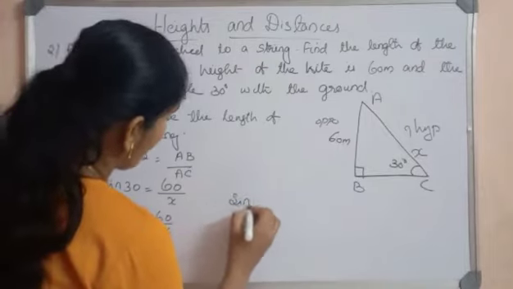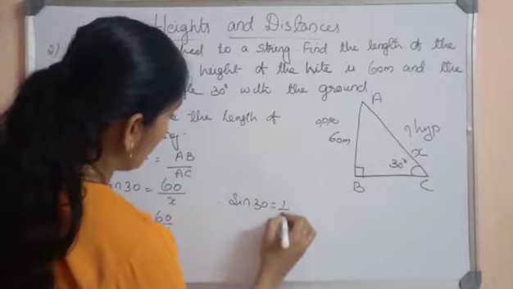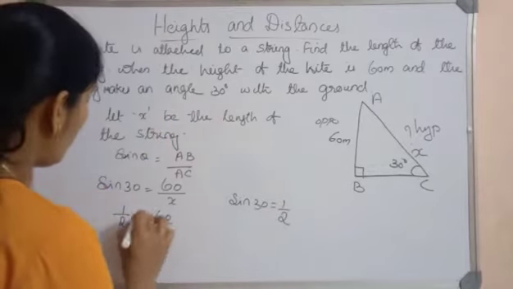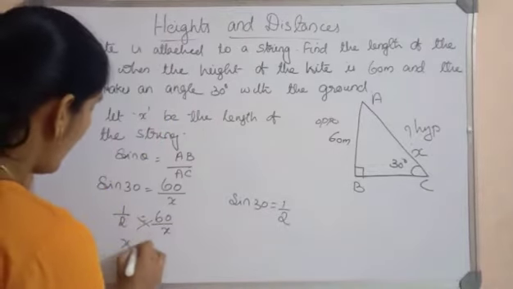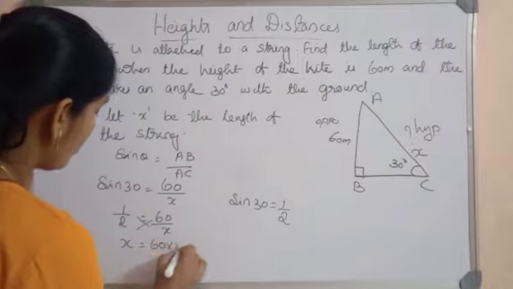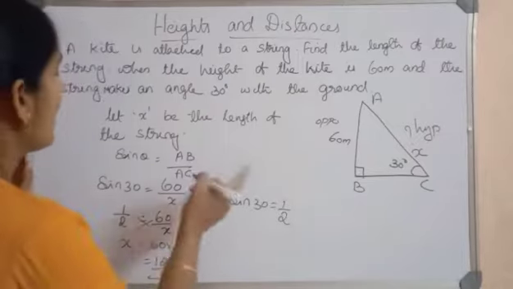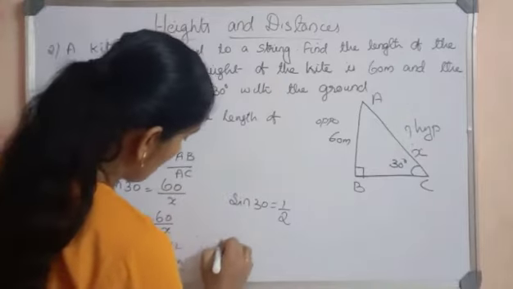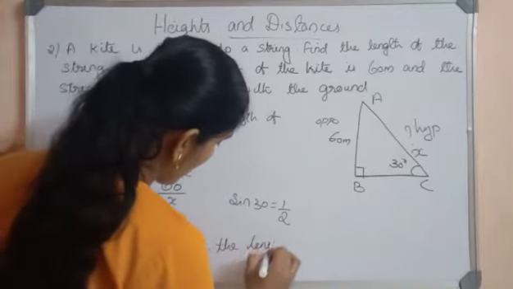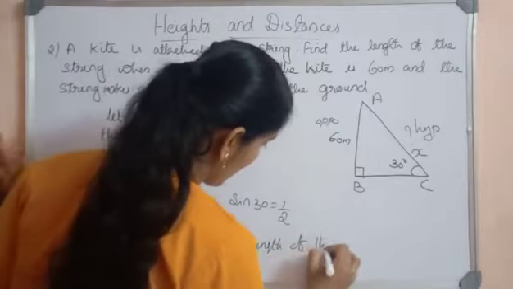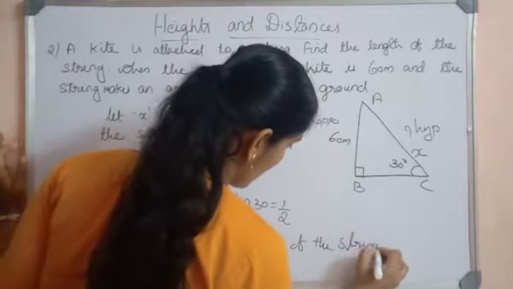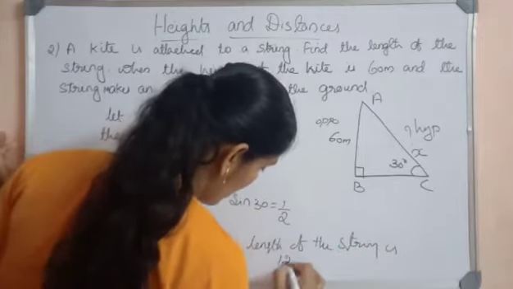By cross multiplying, x is equal to 60 into 2, that's equal to 120 meters. Therefore, the length of the string is 120 meters.